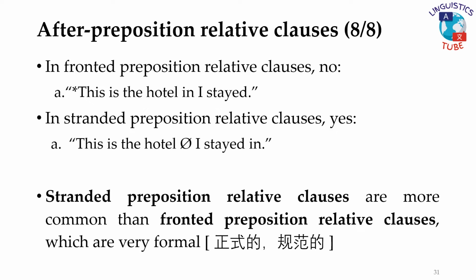This is not typical English word order. Thus, when the word order is already manipulated from the most typical way to say something, as in the case of a fronted preposition relative clause, there is much less flexibility to change it further, such as by changing or removing words.